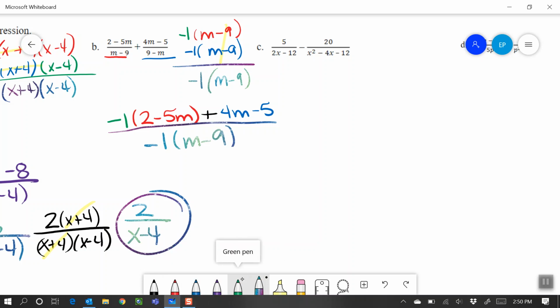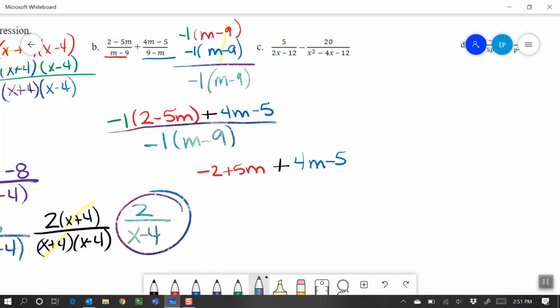So what I would do is I would simplify the left side. So negative 1 times 2 is a negative 2 plus 5m plus 4m minus 5. So simplifying this, I'm going to get a 9m.